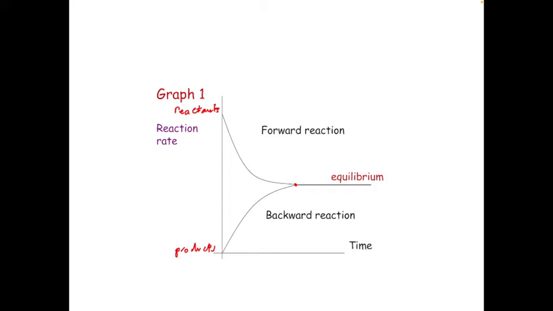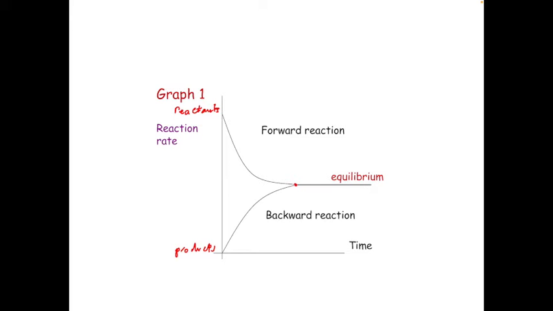The reactants are going to get used up because you start with the reactants, and as they're used up, the rate would decrease. But the reaction from products back to reactants would increase because the products are being made, so that reaction is getting faster. So that's kind of starting a cycle almost.